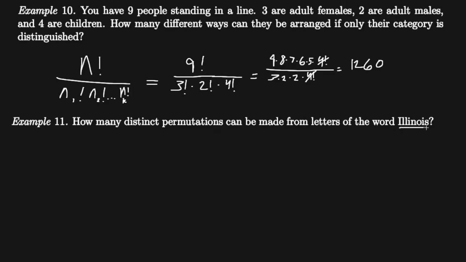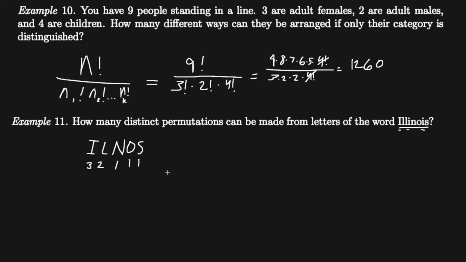We can see that there are letters I, L, N, O, and then S. So here we can see that there are 3 letters I. For L there are 2. And then for N, O, S they are each 1 letter each.